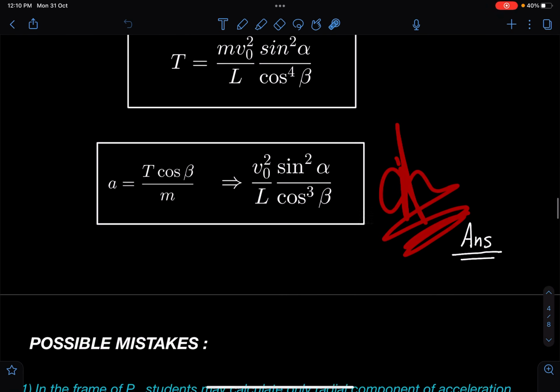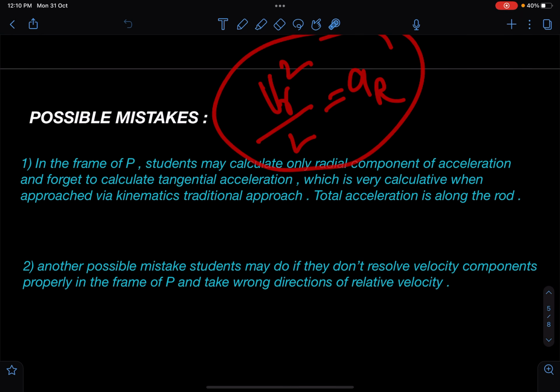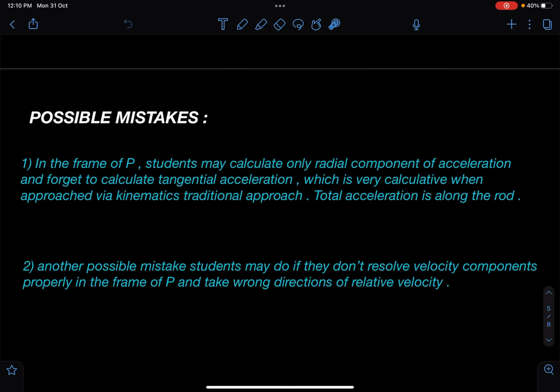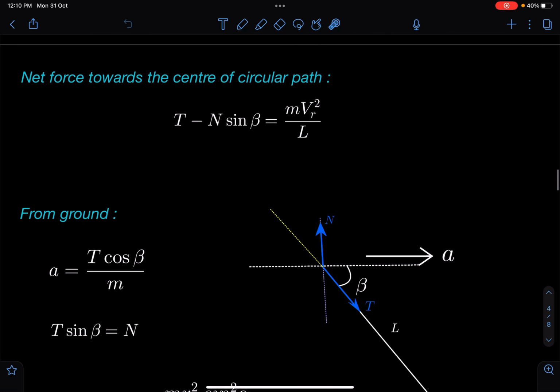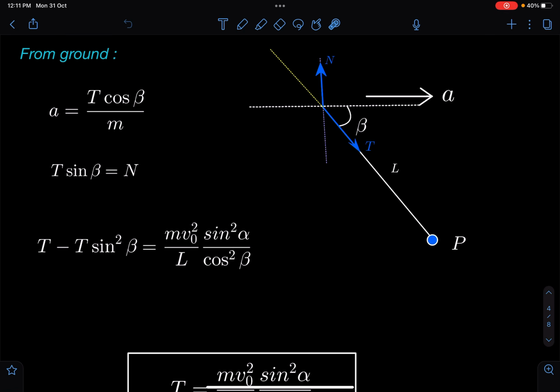Now see, the kind of mistake students have made. The possible mistake number one, which I have observed in their solution, is that in the frame of P, students may calculate only Vr square by L. Many people have written this itself as the net acceleration, but there is a catch, because in the frame of P, the component of n will also come along the tangent, and which is going to provide the necessary centripetal as well as tangential acceleration.